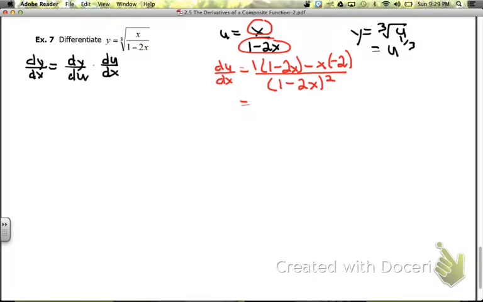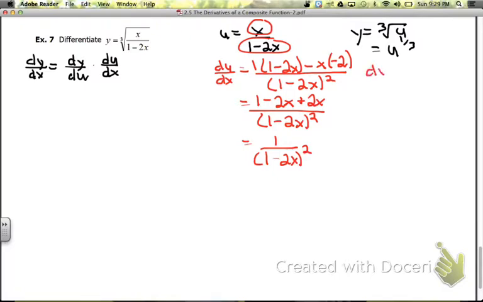So I can go ahead there and expand, so I get 1 minus 2x plus 2x all over 1 minus 2x all squared. So this is just going to be equal to 1 over 1 minus 2x squared.